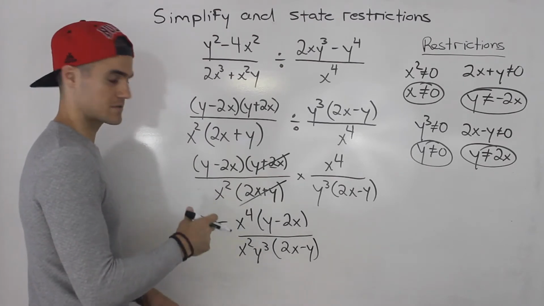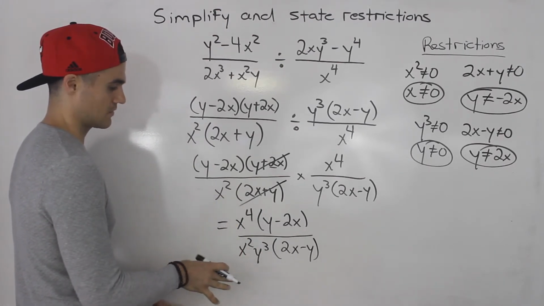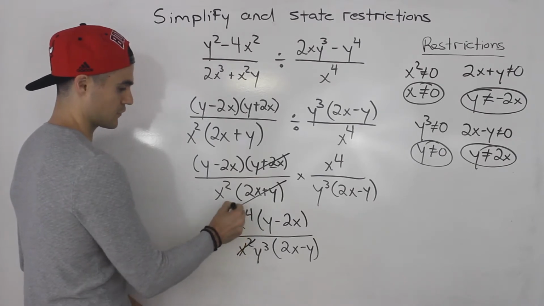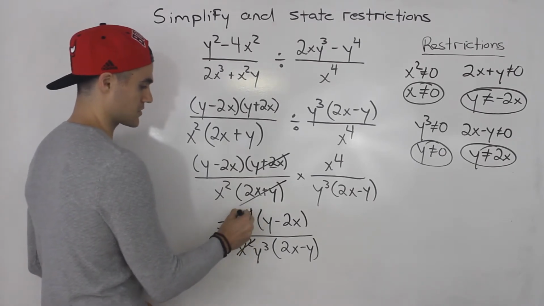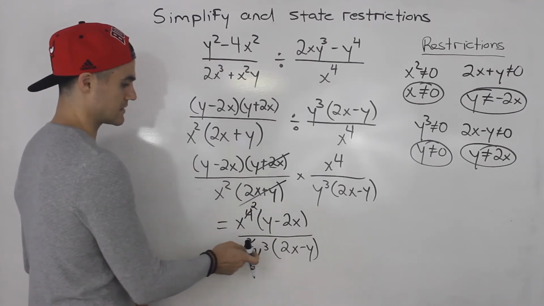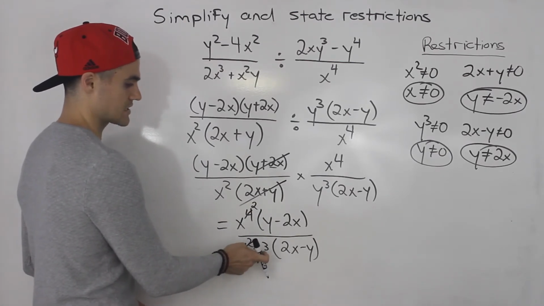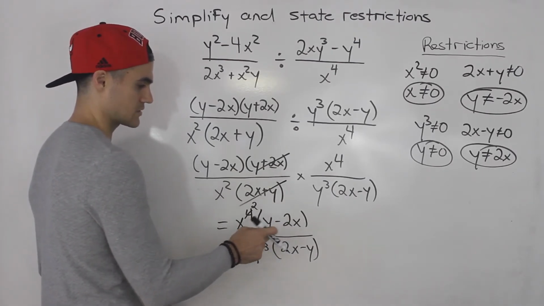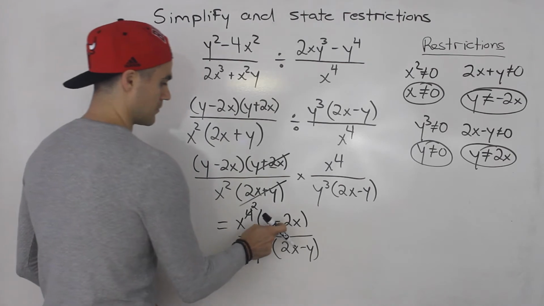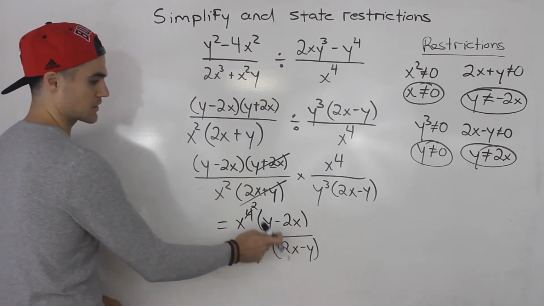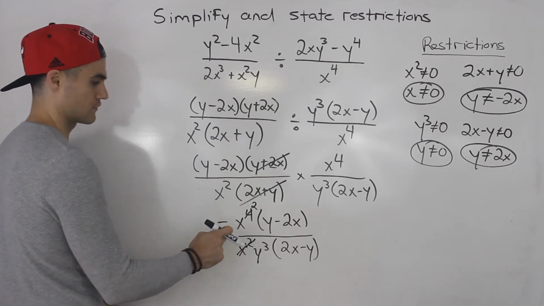Okay, we're going to further simplify. It's just easier to see now what's going to be happening. So this x squared here, there's 4 x's at the top, 2 x's at the bottom, so we're going to be left with 2 x's at the top. There's no y's to cancel out with the y cubed, so that just stays there. Then 2x minus y, y minus 2x, those are almost the same, but we can make this y minus 2x equal to 2x minus y by factoring out a negative.